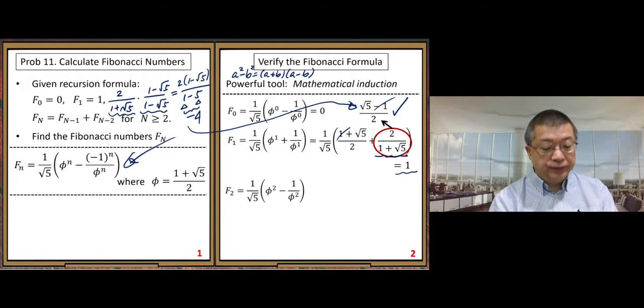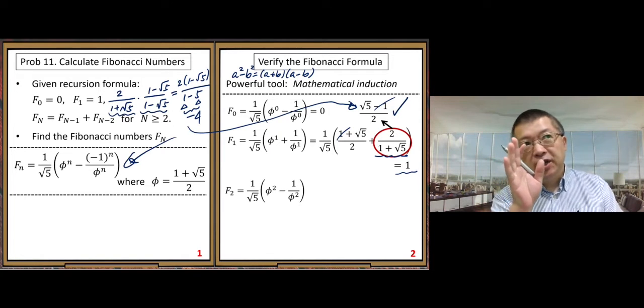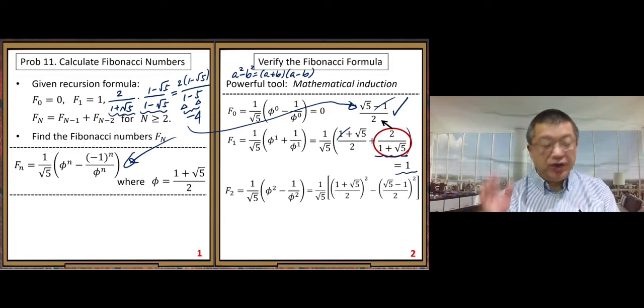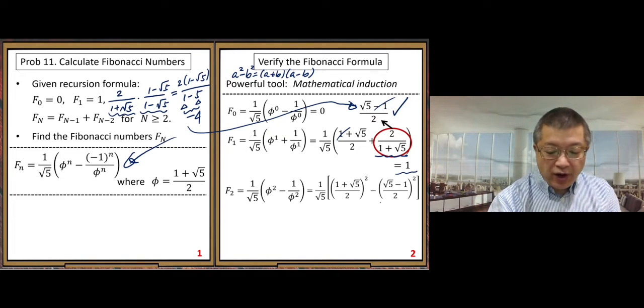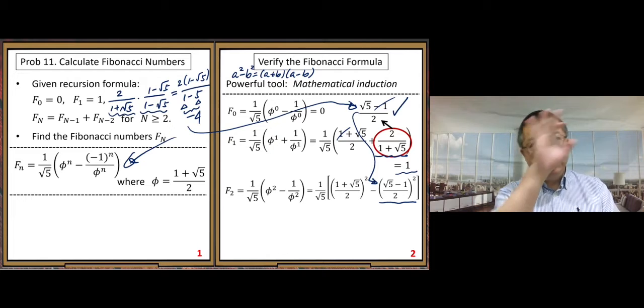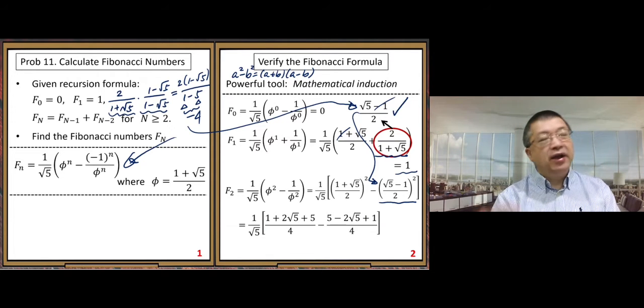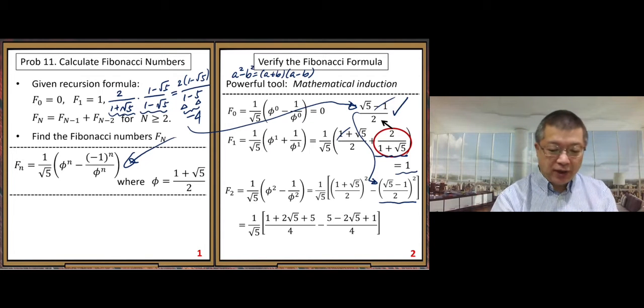F of 2, you can see it's a little harder because we need to take a square. The second term squared, we use that expression, (root 5 minus 1) over 2. Then we use the (a plus b) squared and (a minus b) squared formulas.